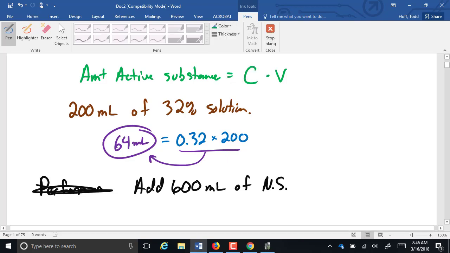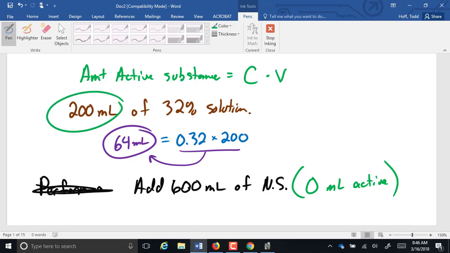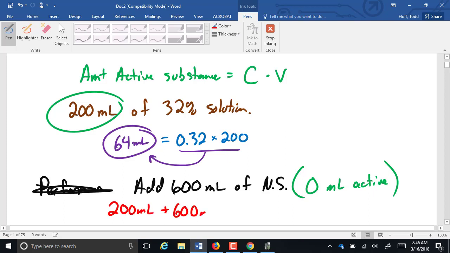It has no medicinal value. So how much active substance have we added to this? 0 milliliters of active substance. But we have changed the total volume from 200 to 200 milliliters plus the 600 we added, which is now 800 milliliters.